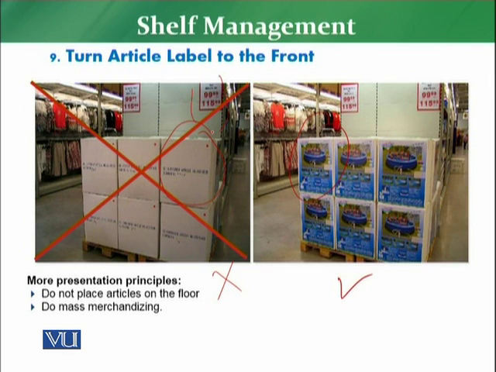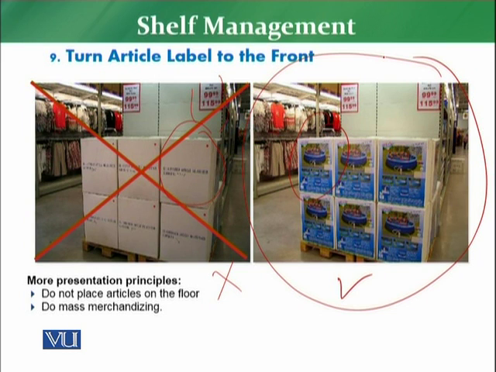So turning the article label to the front is one of the key rules. From the packaging, the customer should know that this product is about fruits, vegetables, some seasonal product, clothing, or whatsoever it is. This is a very right example, clearly identified as a product for the family or for the kids.